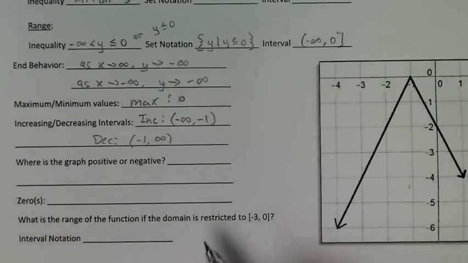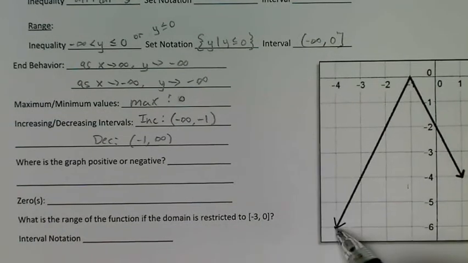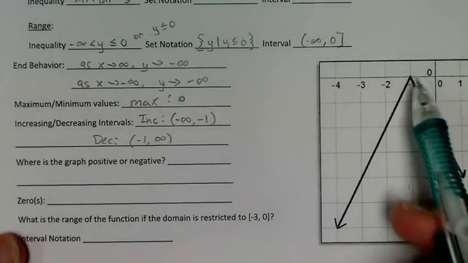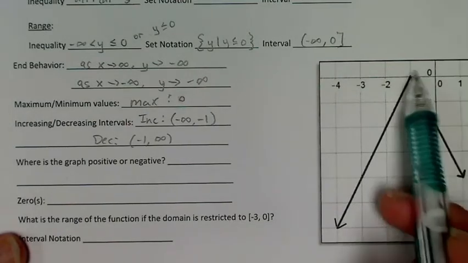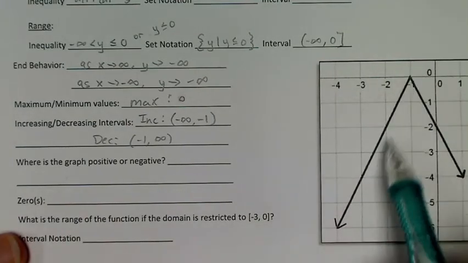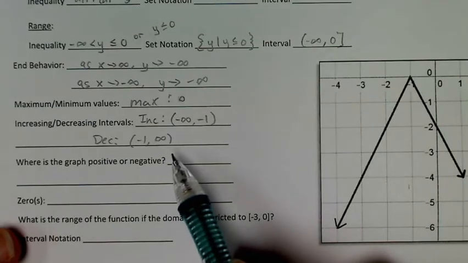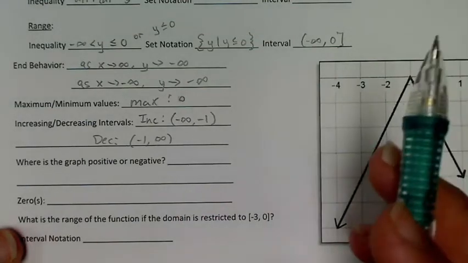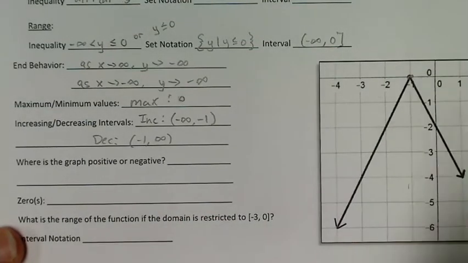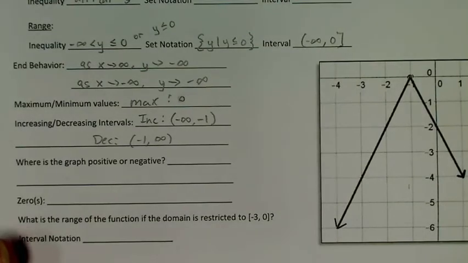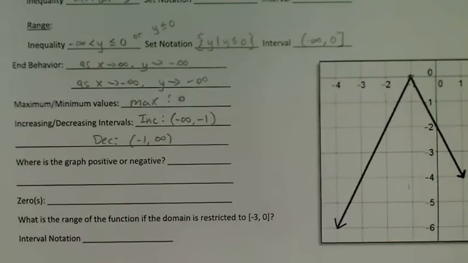Okay? So where's the graph positive or negative? Well, I can tell no part of the graph is above the x-axis. It's all below. So does that mean I write negative infinity to infinity? No, because at this point right here, it's on the x-axis, and that point is neither positive nor negative. 0 is neither positive nor negative.